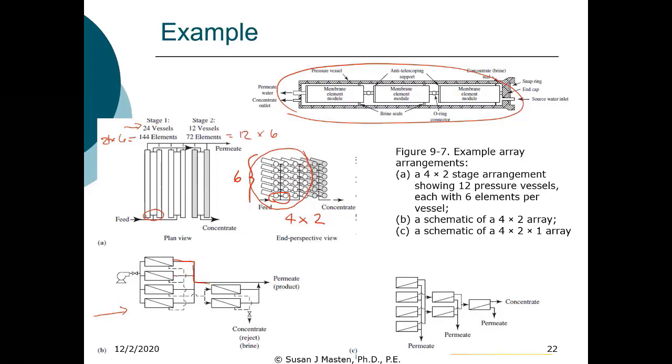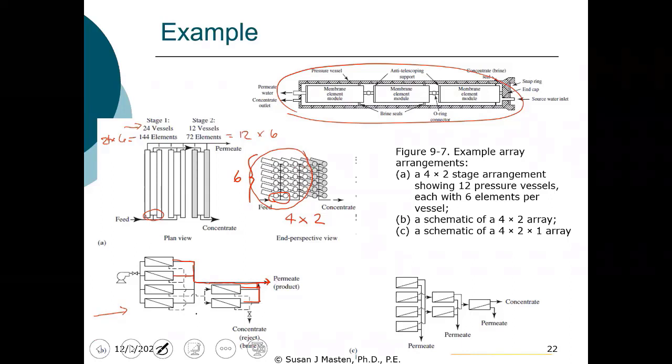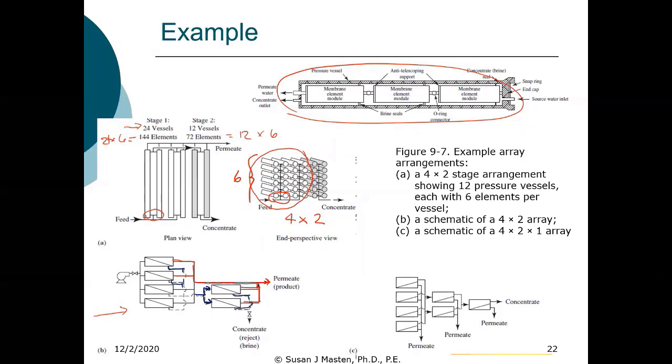We're combining all of this product water, or permeate, and we have permeate from the second stage here. And then we have a reject stream. So here is the reject stream. And that reject stream is then passed through stage 2. We still produce a reject stream or a concentrate that has to be disposed of.